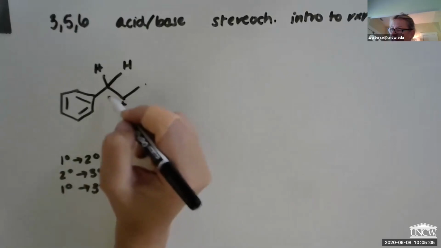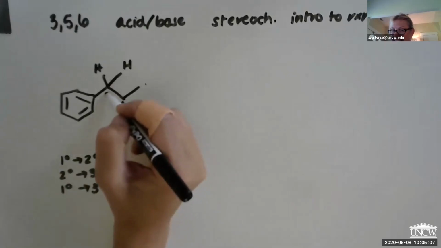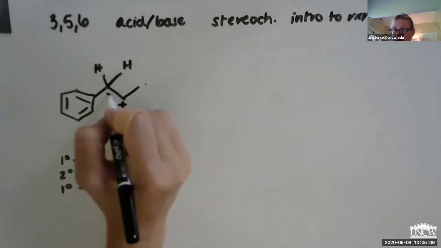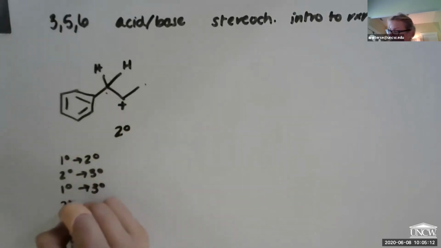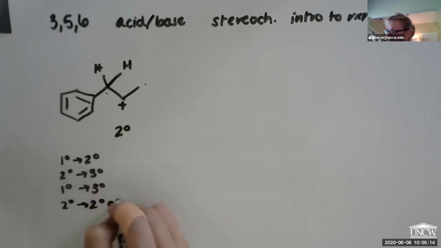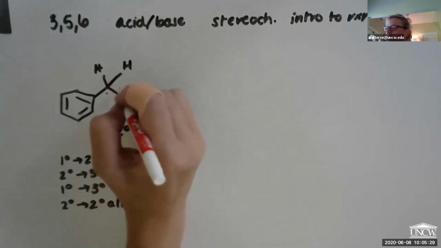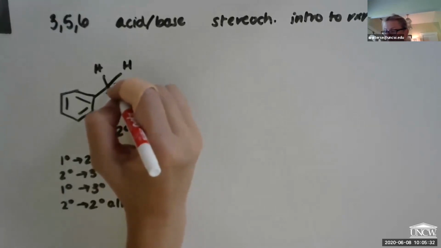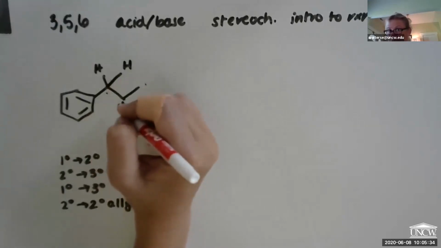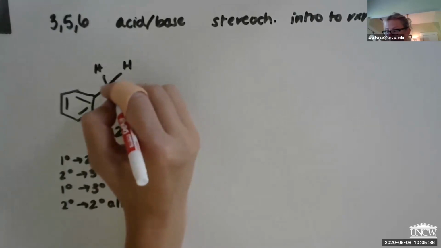If you do a hydride shift over here, you stay secondary, but you could go secondary to secondary allylic, because the ability to resonance stabilize the carbocation increases the stability of the structure. So if you have resonance in your allylic carbocation, that will increase the stability versus just a regular non-resonance stabilized one.